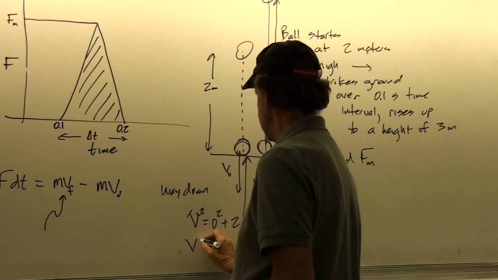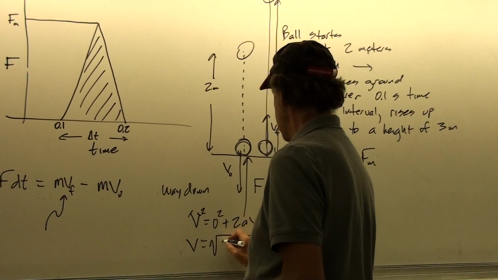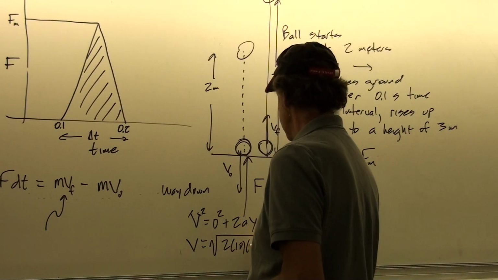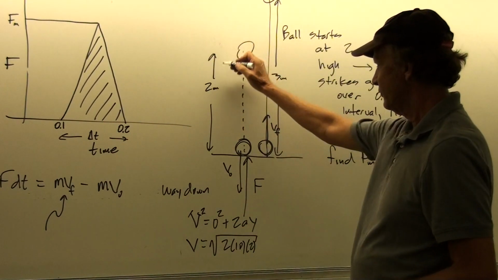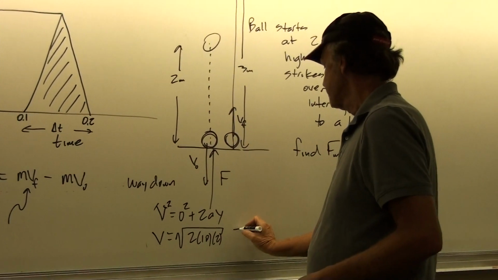So that velocity then would be the square root of 2 times 10 times 2, as it's dropped through 2 meters.